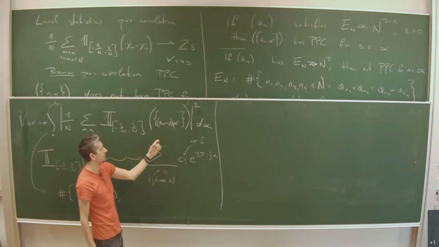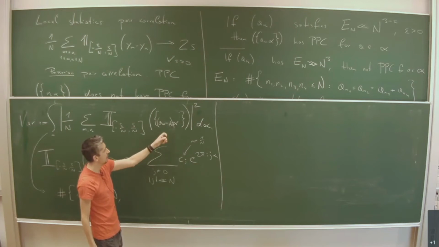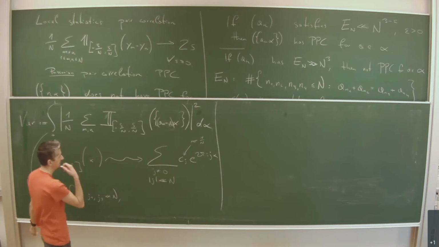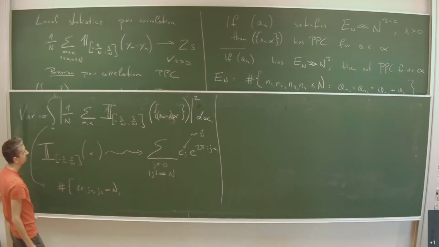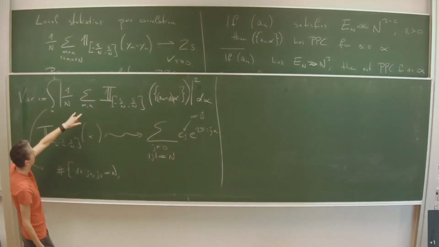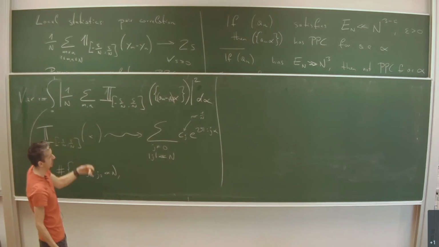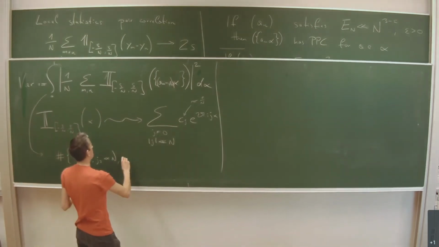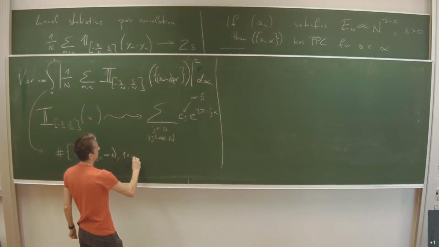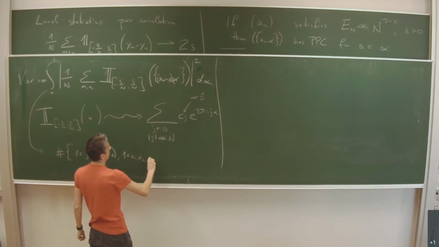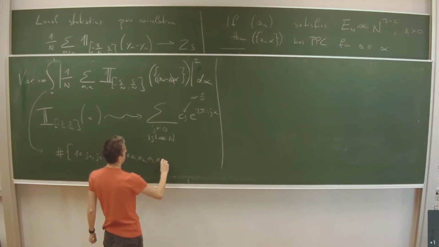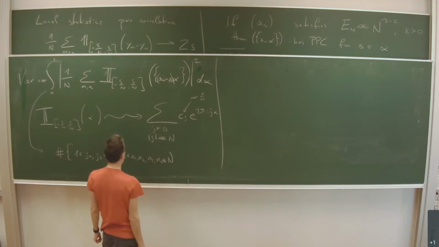We can bring the am and the an together. So it's am minus an in brackets times alpha, fractional part of this. If we square, then out of these 2 indices, we get 4 indices. So it's n1, n2, n3, n4, at most capital N.